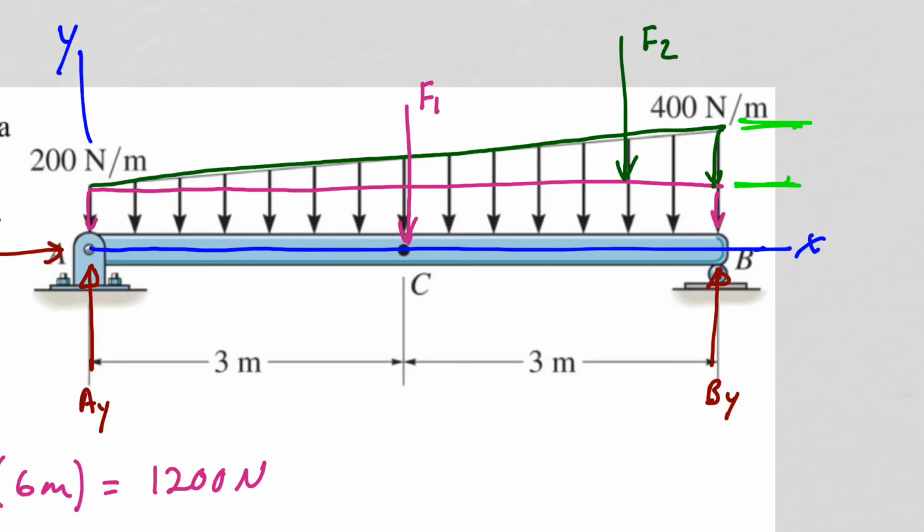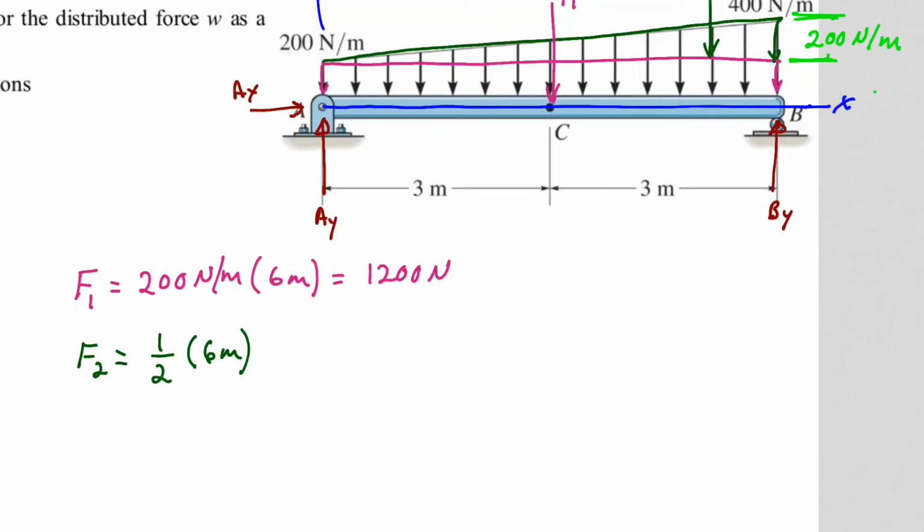And if we look at that distance, that is going from 200 to 400, so it will be 200 newtons per meter. Be very careful with that. A lot of people won't use that 200 newtons per meter. They will use 400 newtons per meter. But it really is 200 newtons per meter. And this comes out to a value of 600 newtons.